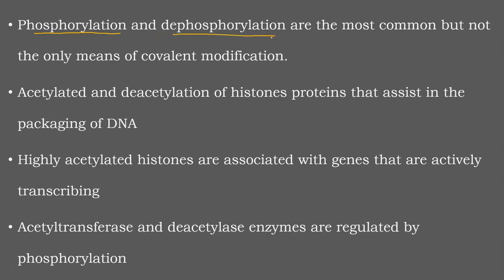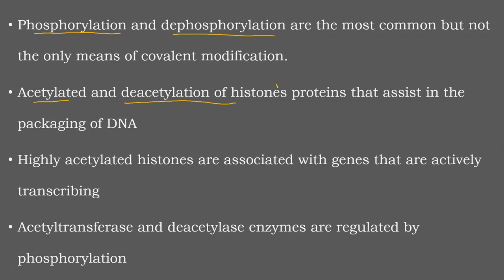Along with phosphorylation and dephosphorylation, it is not the only means, there are some other modifications. What are they? Acetylation and deacetylation of histones is also one example of covalent modification.